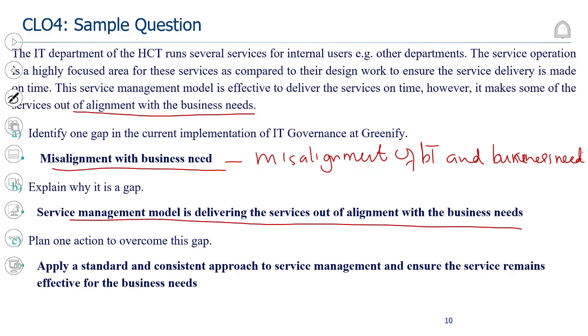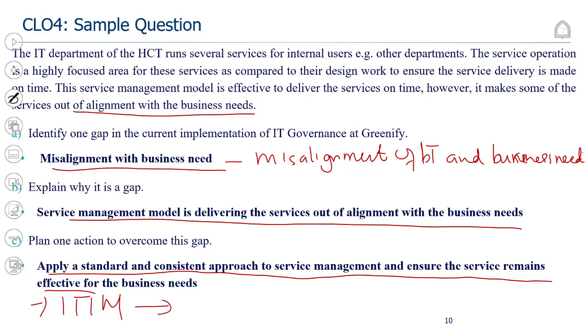Action plan, for example, okay? You can apply a standard and consistent approach to service management and ensure that the services remain effective for business needs. Another thing you can do, for example, is implement ITIL, to ensure IT is aligned with the business.